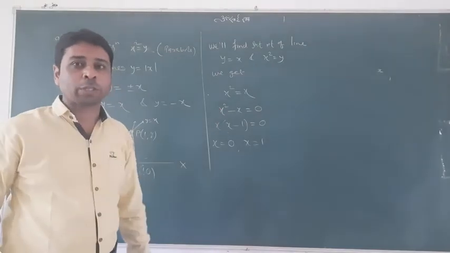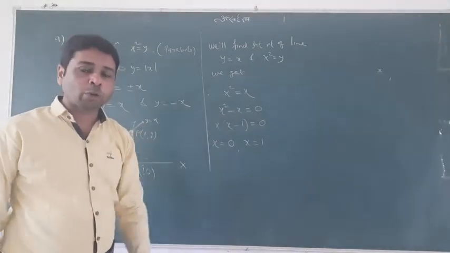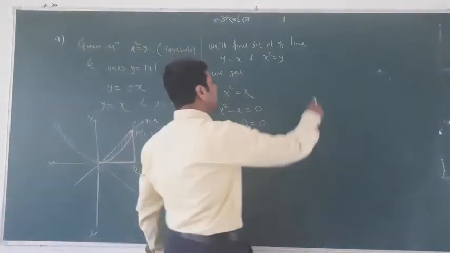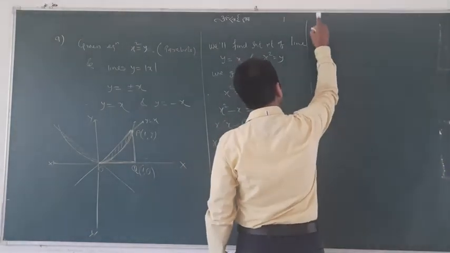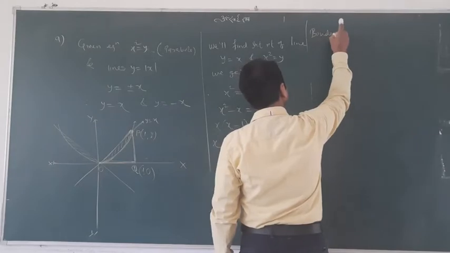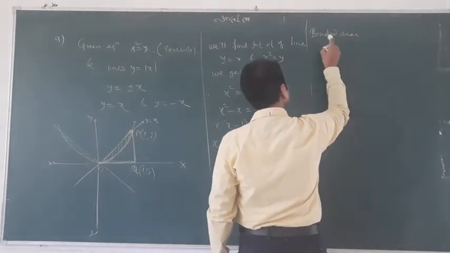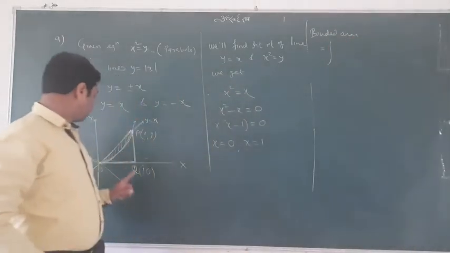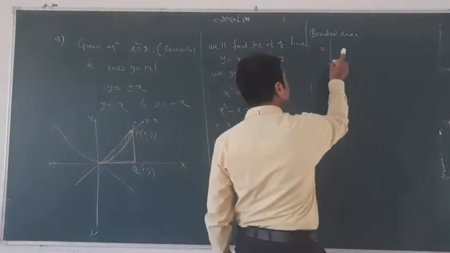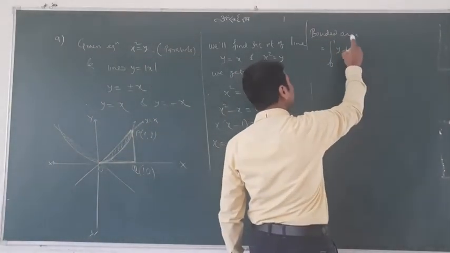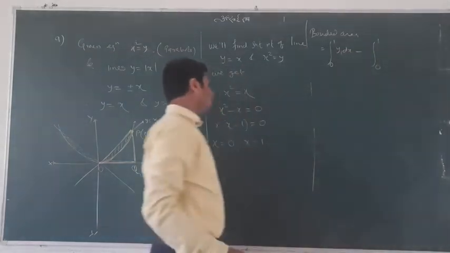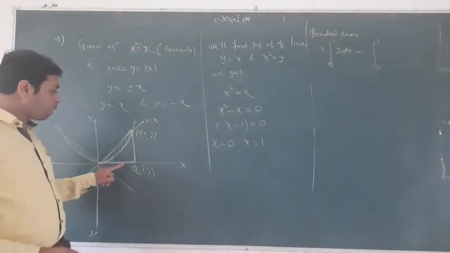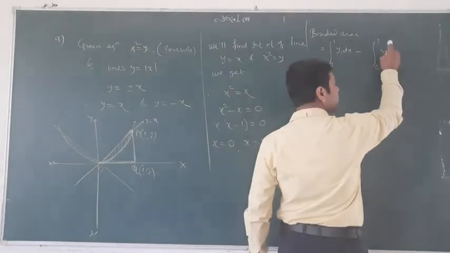This is the concept I taught in the initial days. Now this time I will write here the boundary area equal to the integral of the upper graph from 0 to 1. I am writing y1 dx, and the lower graph again from the same limits, y2 dx.